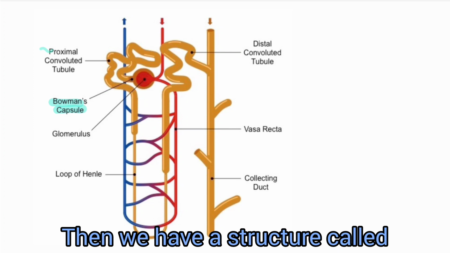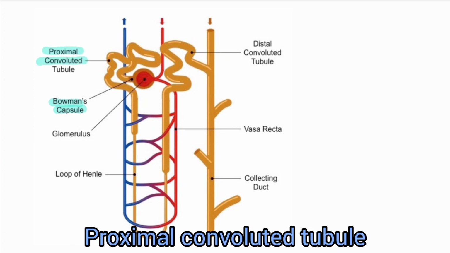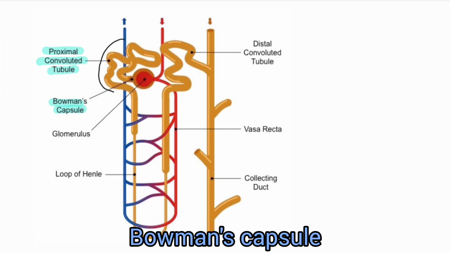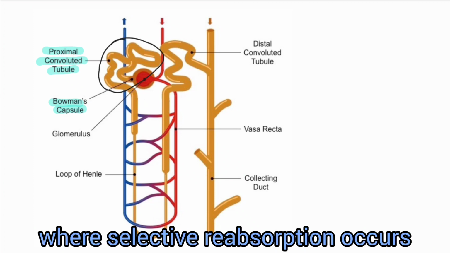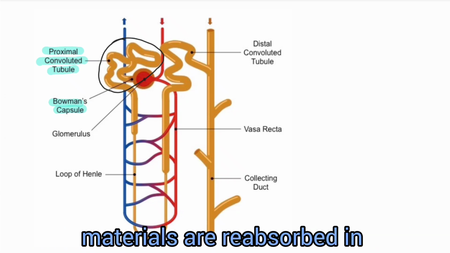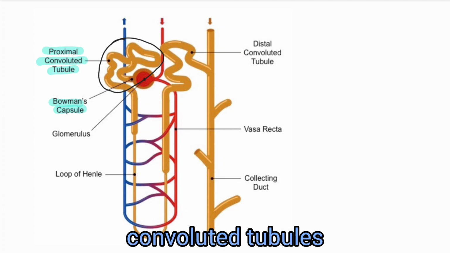Then we have a structure called the proximal convoluted tubule. It is a folded structure connected to Bowman's capsule where selective reabsorption occurs. Selective reabsorption is when usable materials are reabsorbed in the convoluted tubules.